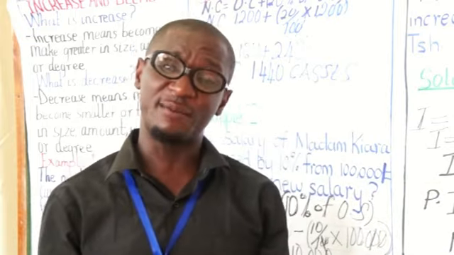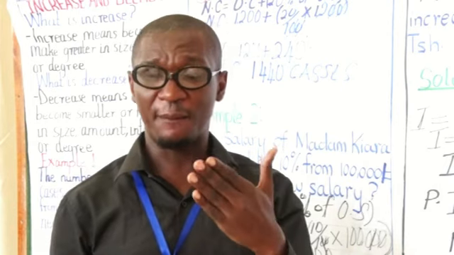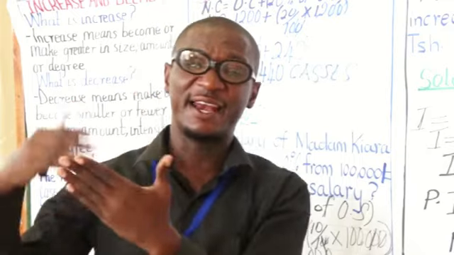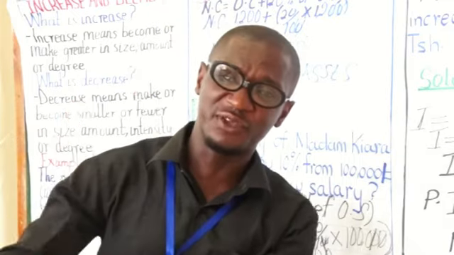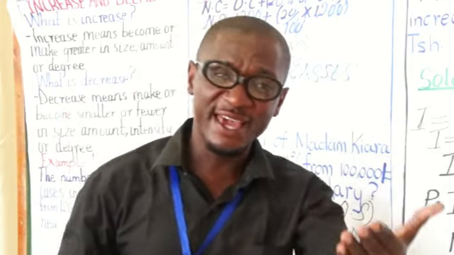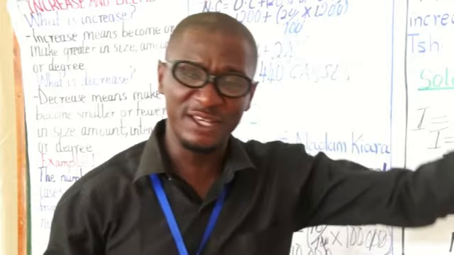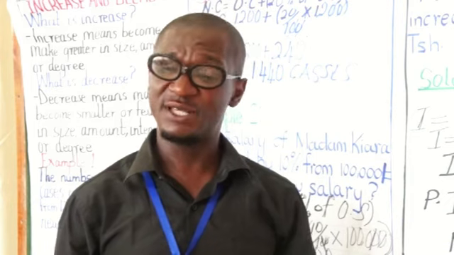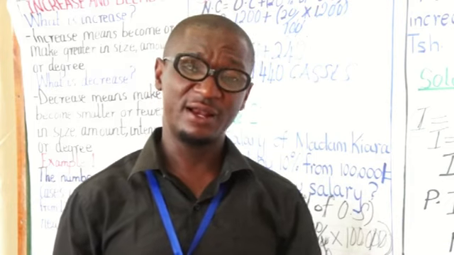For example, in Dar es Salaam, Ilala, Lugazila decreased from 12 to 3. USA increased from this number to this one. So all these are mathematics.